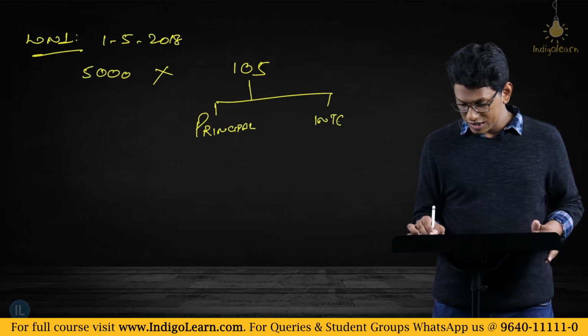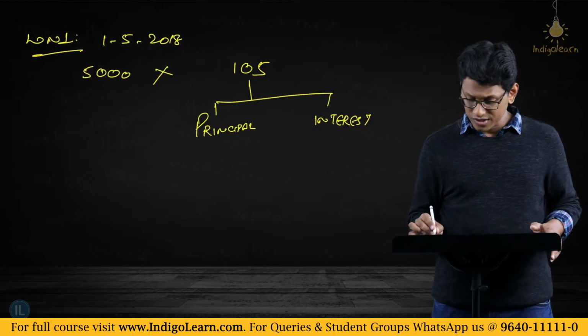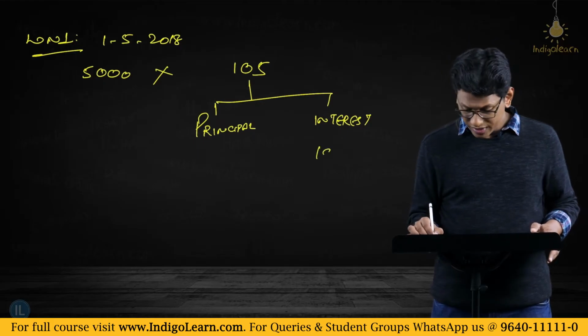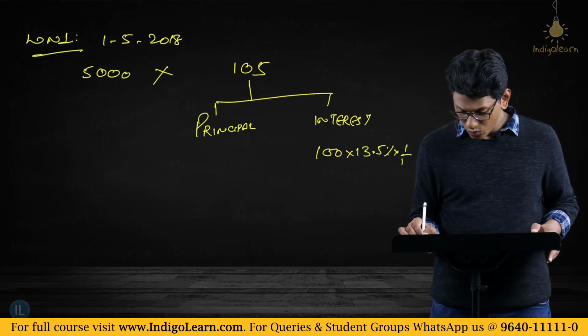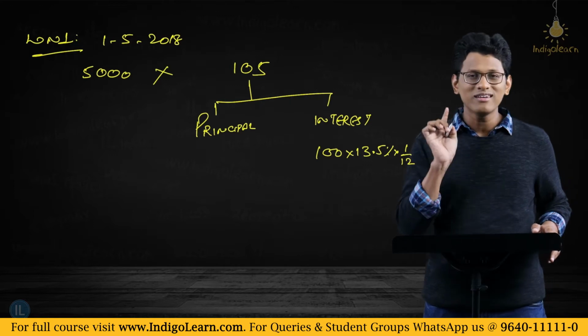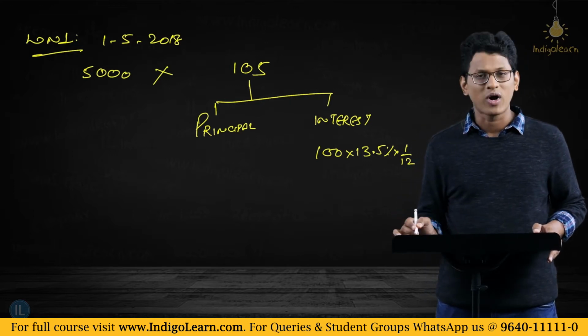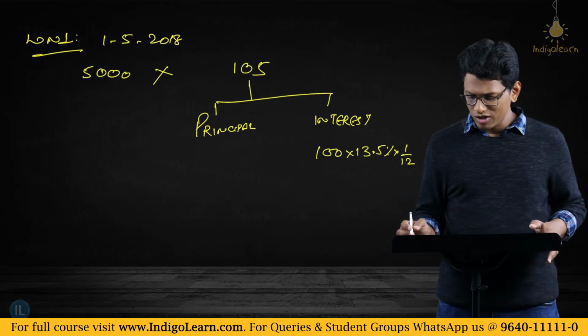What is the interest portion? Interest portion will be 100 into 13.5% into 1 by 12. That will be the interest portion, because 1 month interest is what we would have paid.